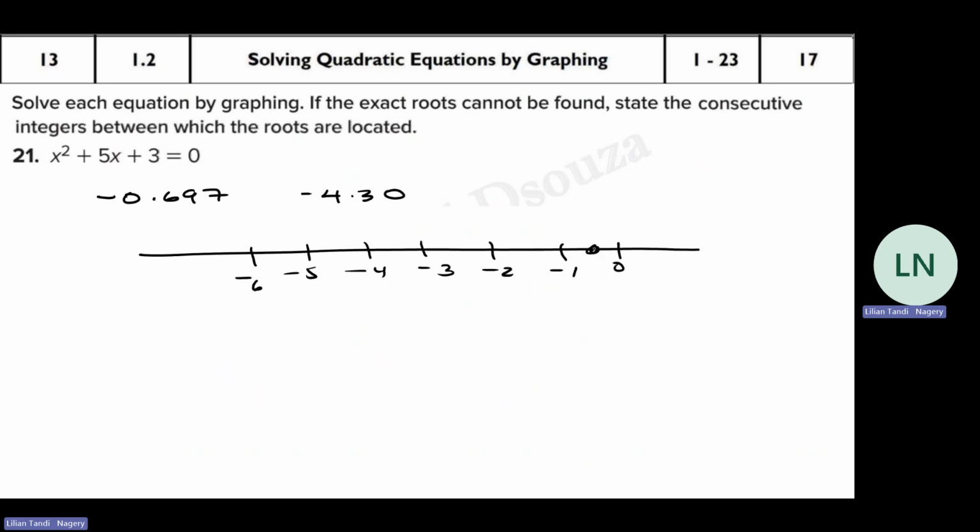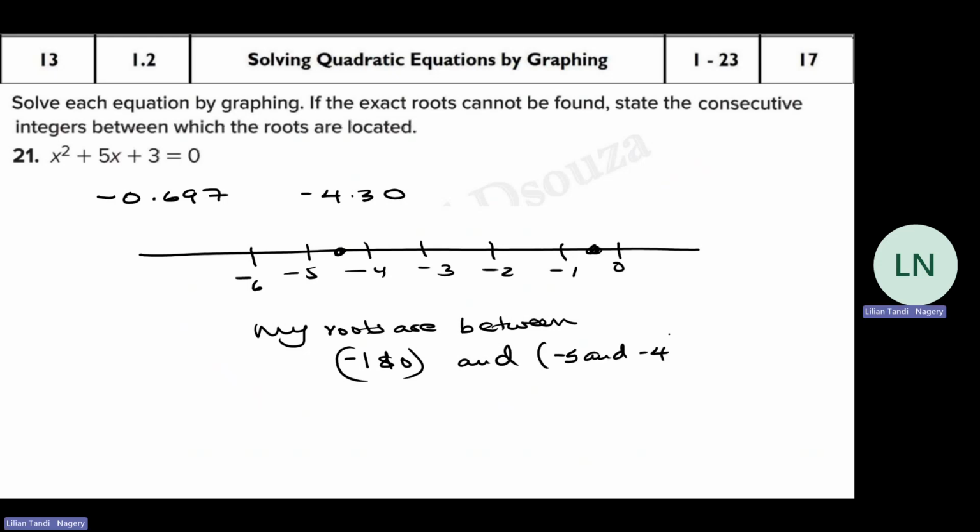Negative 0.697 is here, negative 4.30 is here. My solutions, my roots are between negative 1 and 0. Remember, you start with the smallest.